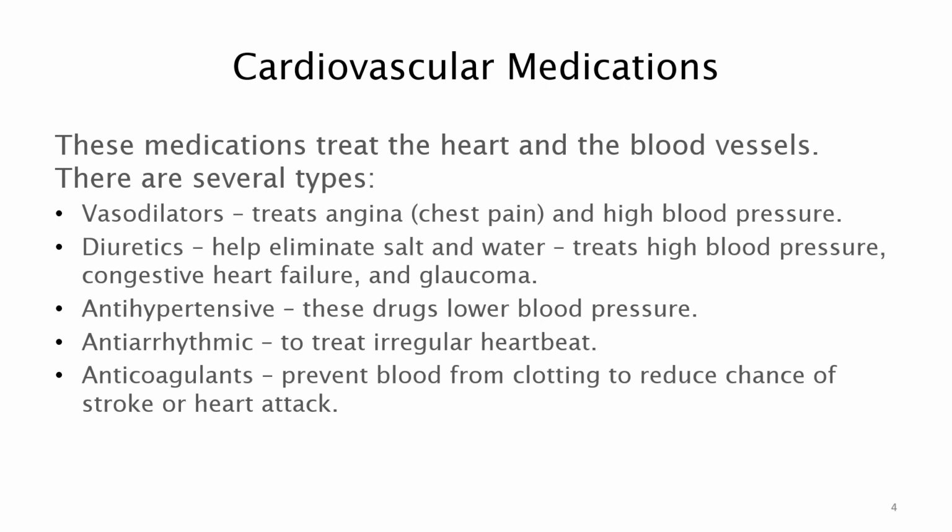You have antiarrhythmic medication, which will treat the irregular heartbeat, and anticoagulants. If you have blood clots, it's going to help reduce the blood from clotting, or if you're at risk of stroke or heart attack, then it's going to try to reduce that risk. If we think about the anticoagulants, this could be medication like warfarin, but it could also be medication like aspirin.